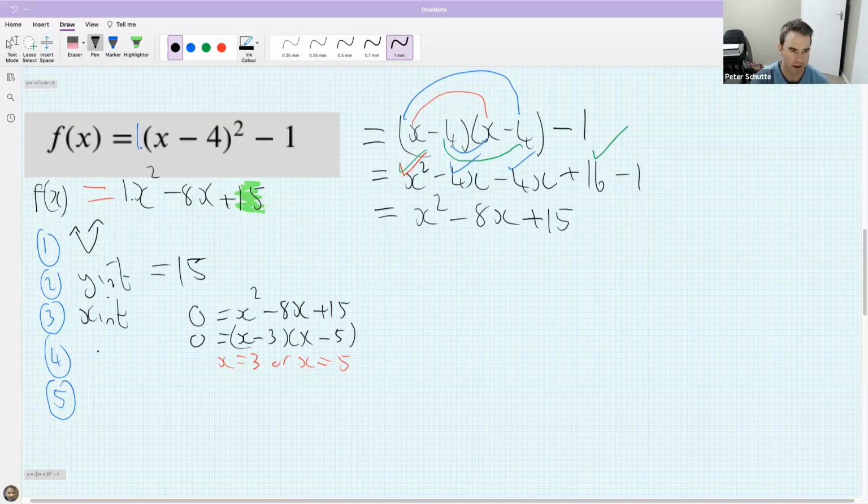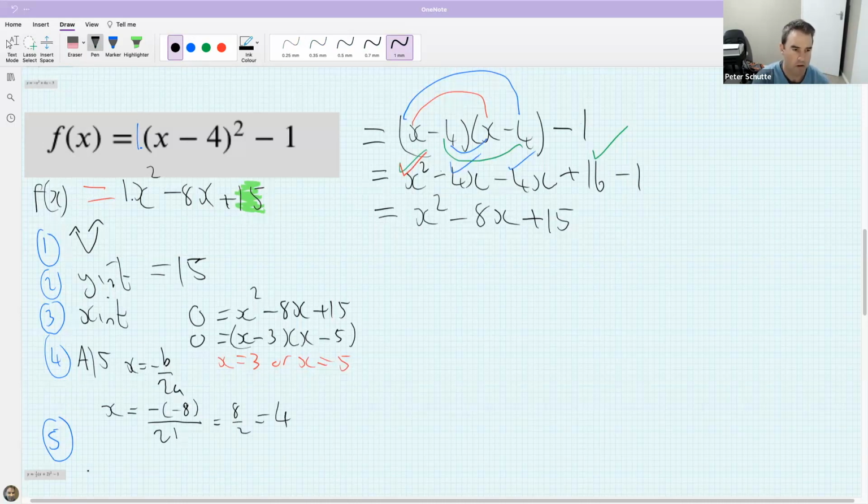So for the axis of symmetry, you need to use the formula minus b over 2a. So you should have got 4 as your axis of symmetry.